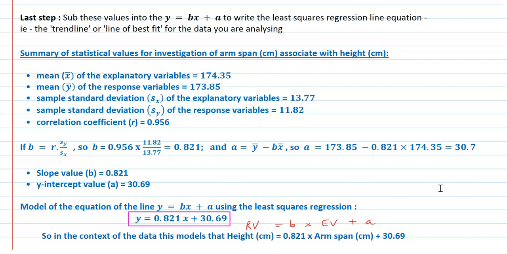In the next lesson, we'll look at how we can apply this model to make predictions on values using the model. So in other words, we should be able to calculate a height given an arm span. Or if we rearrange the equation, we could calculate an arm span given a height.